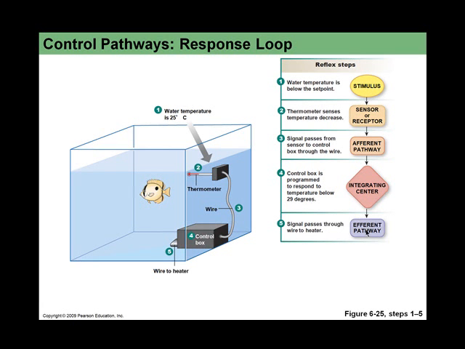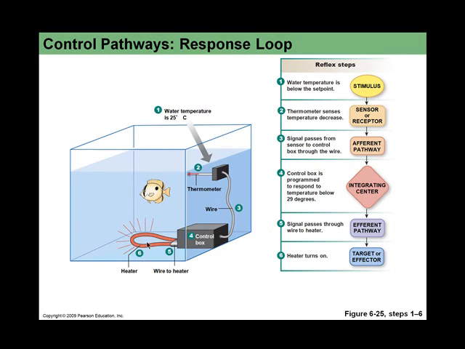So there's an efferent pathway. We're going to produce an effect in response to the affect, right? So the affect of losing heat will effect or bring about the generation or the addition of heat to the system. The heater turns on, and you get a target for the efferent pathway, or an effector.